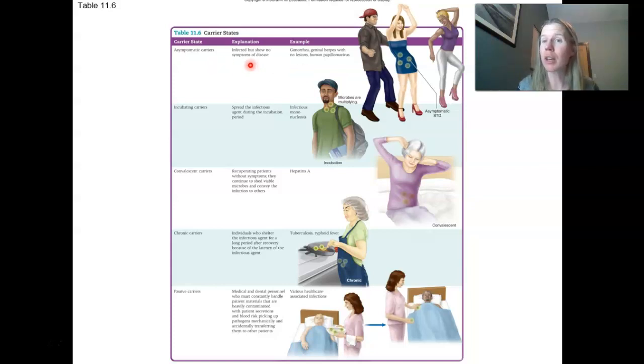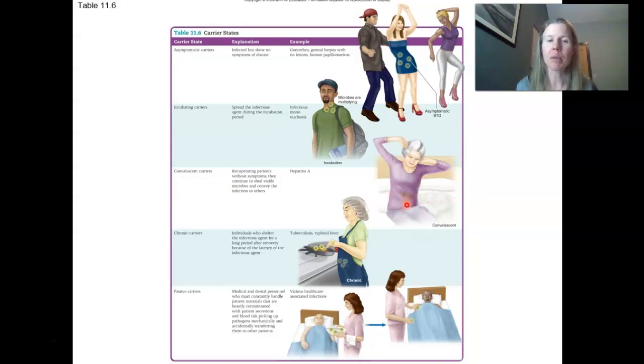Their example is asymptomatic STDs, which is very common. A lot of STIs don't cause symptoms in the majority of people, or some have very long incubation periods. Here's someone who's incubating; they don't know that they're sick yet.